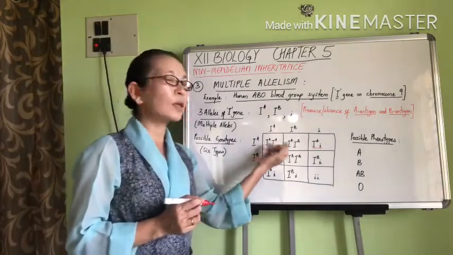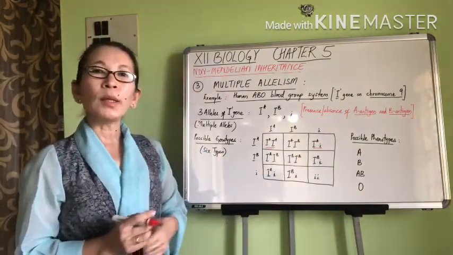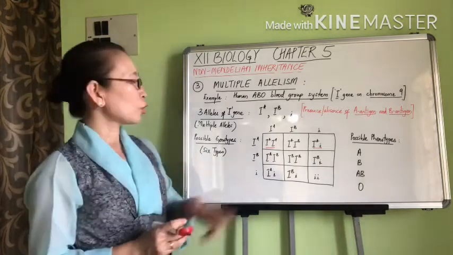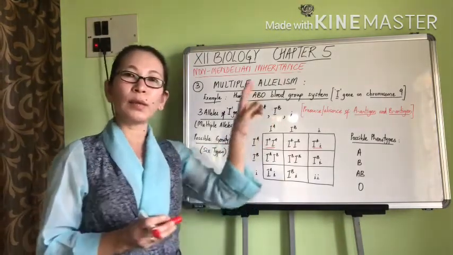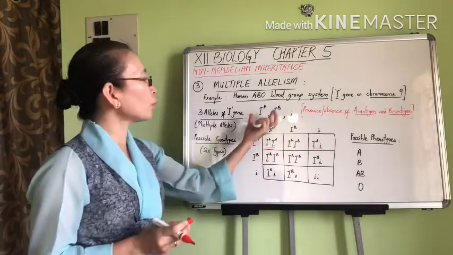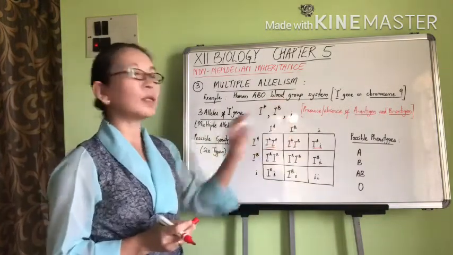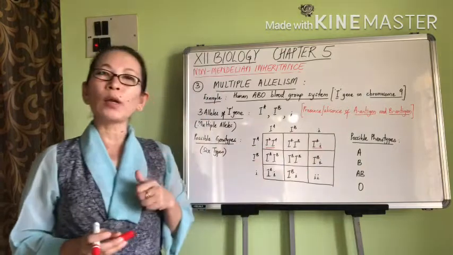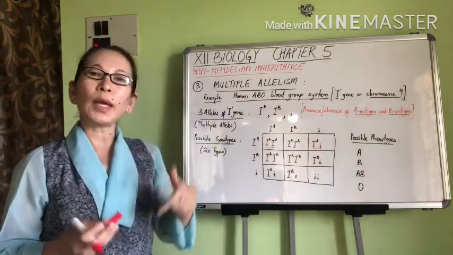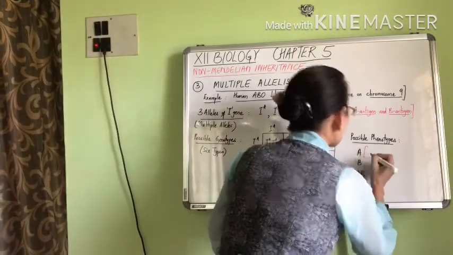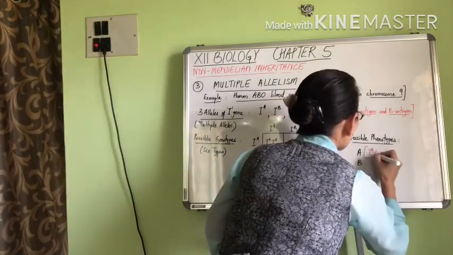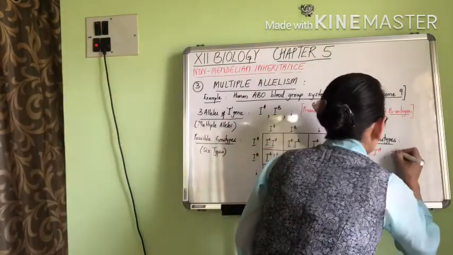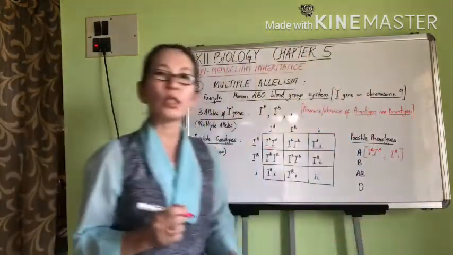And whether it exists in homozygous or heterozygous combination, since the I^A allele is completely dominant, we see the same result. I^A and I^B alleles, because they are written in capital letters, are both completely dominant over the third allele, which is the small i allele. In a heterozygous I^A small i combination, we can expect the expression of A phenotype. So for A individuals, there are two possible genotypes: a homozygous I^A I^A genotype or a heterozygous I^A small i genotype.